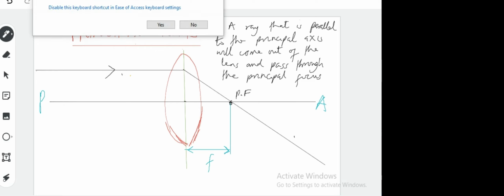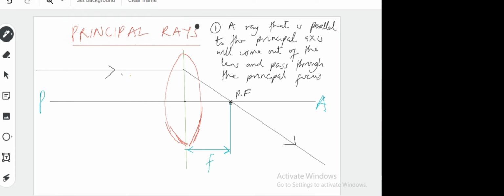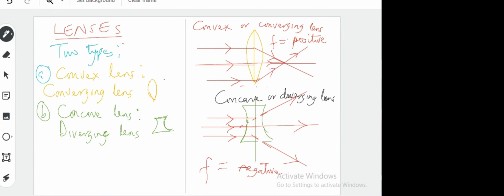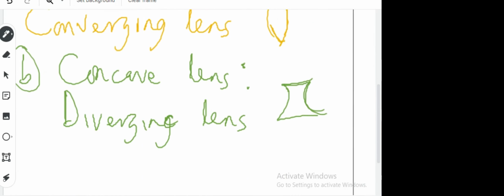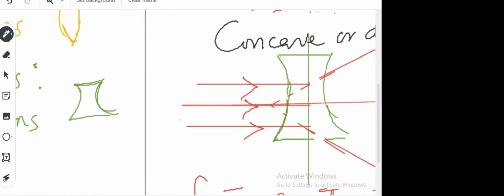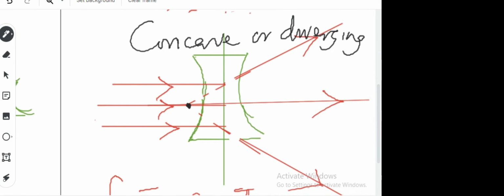It must. You will ask, how do we know the angle with which it comes out? I understand that. For instance, I just don't want to disturb you with that. If we wanted to work with a concave lens, you can actually tell how it will move. If we already know the principal focus as here, and a ray is parallel to the principal axis, remember this line is the principal axis, right?